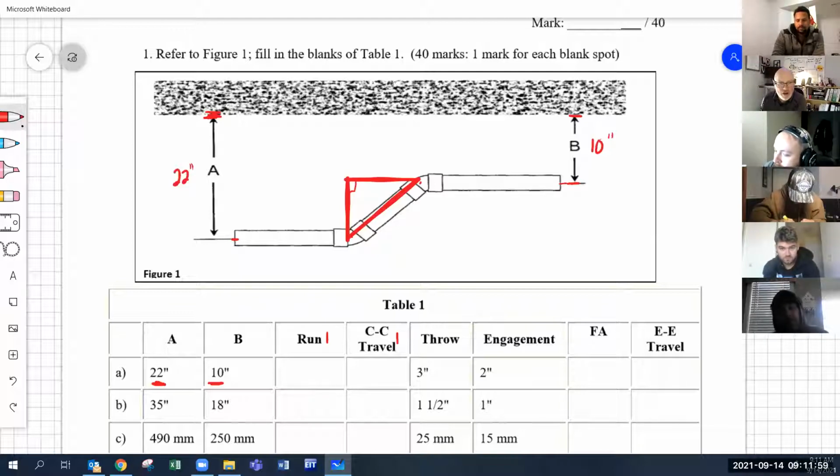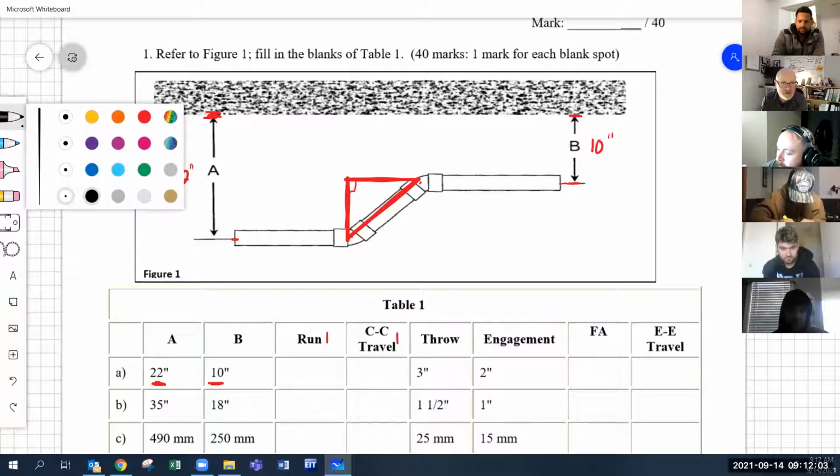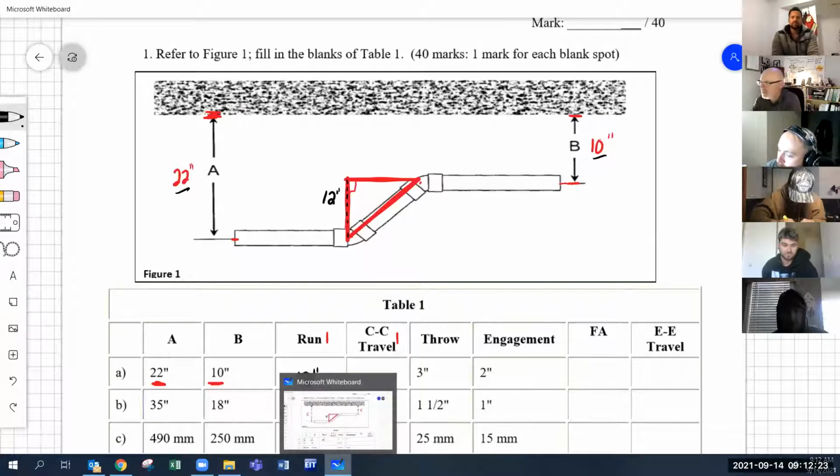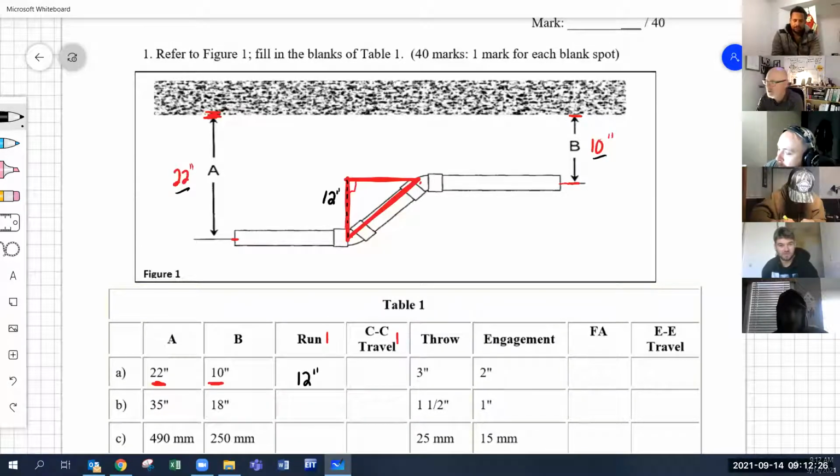If this is my run in this location, can I tell how long that run is? Can I figure that out? Would you do 22 minus 10? Oh, that is fantastic. So this has to be 12 inches, doesn't it? And if that's 12 inches, the other one's 12 inches. Yeah, but I only need one.